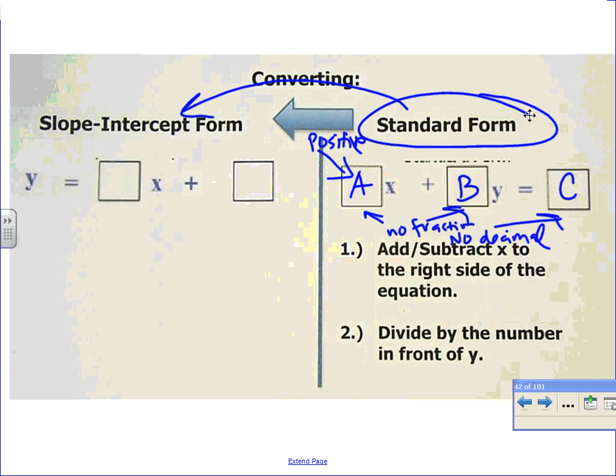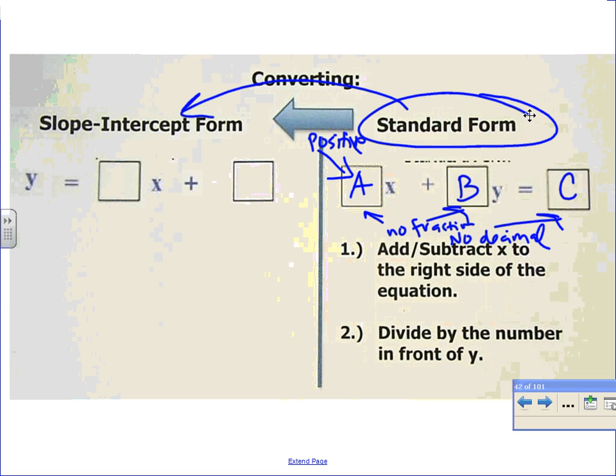Divide by the number in front of y. Now for these steps to work, of course we have to make sure it's in the correct standard form before we go through and convert it and use these. So it has to be in correct standard form for this to work.